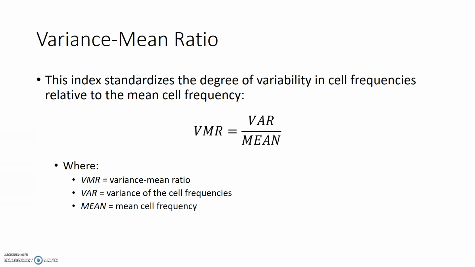You add those up, you divide by the number of cells, and then you have the mean cell frequency. Likewise, you can use those values to find the variance in the same way that we found variance before. Remember, variance is just the square of our standard deviation. So you can find the variance, you can find the mean of those frequencies, and then you divide your variance by your mean to get that variance mean ratio.